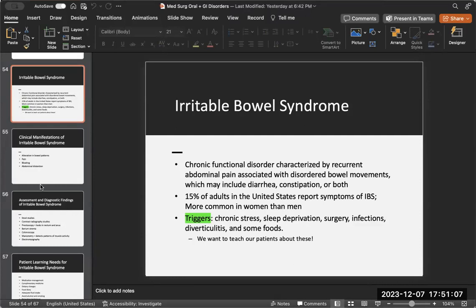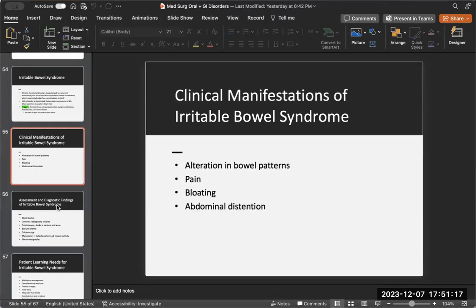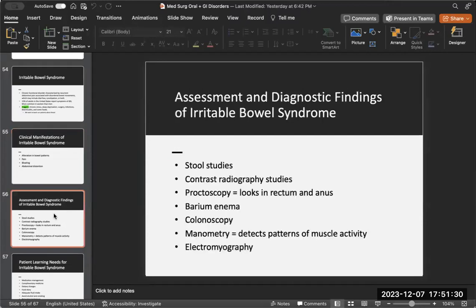If this is some of the triggers, we need to teach them, hey, what are your triggers? How to avoid those triggers so that way they have less of these symptoms because it can be very, very painful. And when you have the alterations in bowel patterns, right, some days you might be vomiting and then having massive diarrhea. Some days you're constipated, but it's very, very painful. You also have pain, bloating, and abdominal distension.